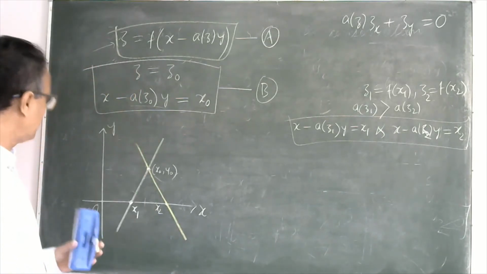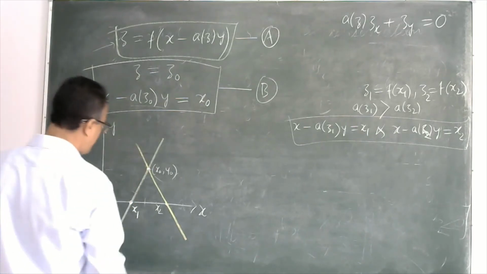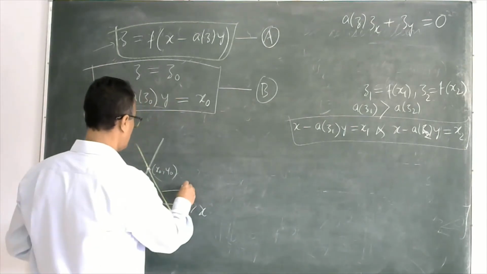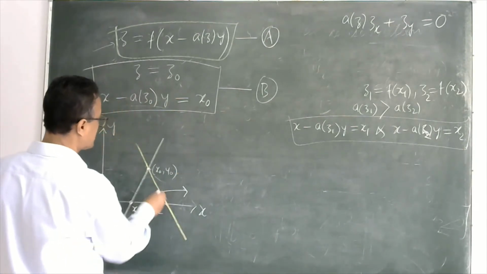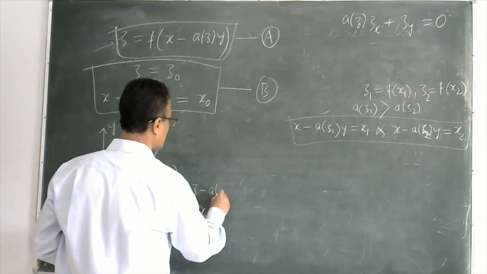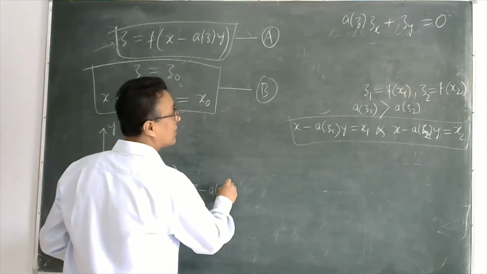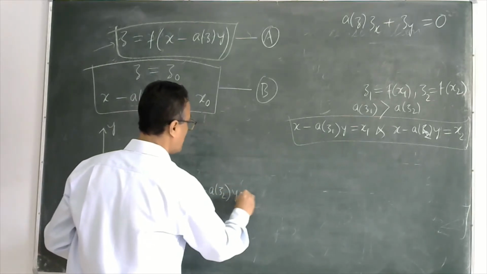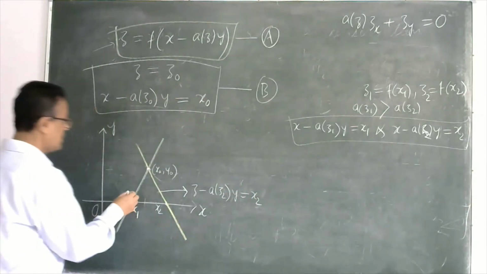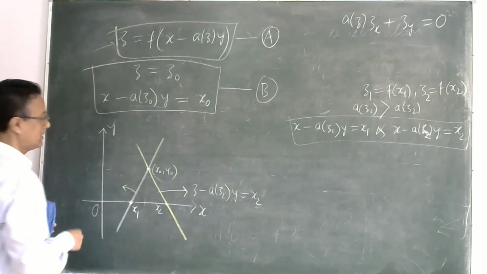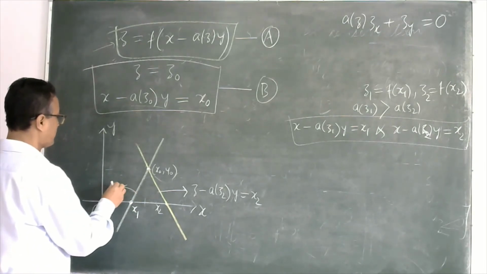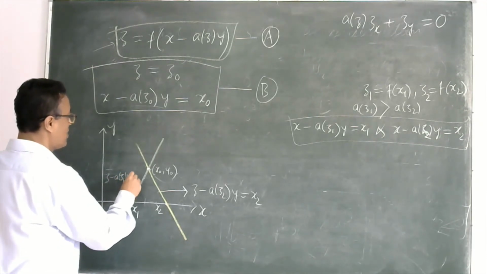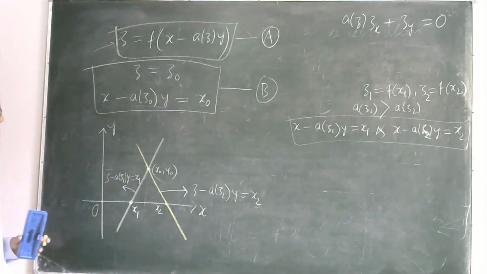So now let us see what is happening here. This line is x minus a z2 y equal to x2, and this line is x minus a z1 y equal to x1. Fine.